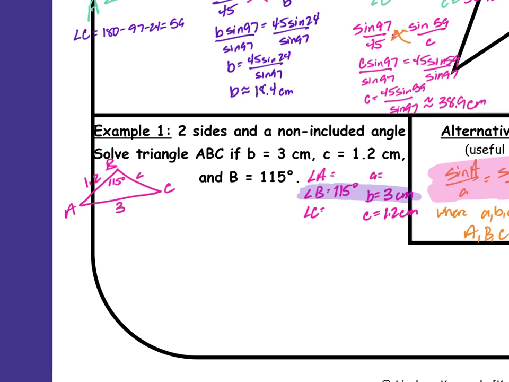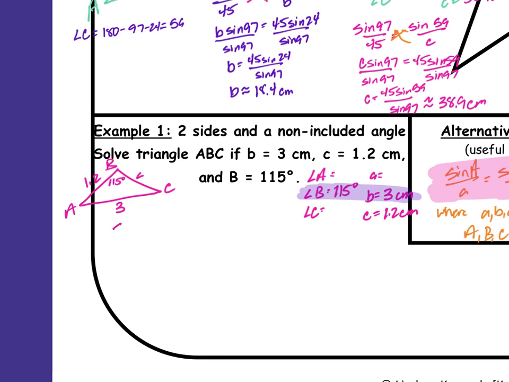I can't find an angle easily this way, at least yet. The only other little piece of information I have is side C. So I'm going to find angle C.